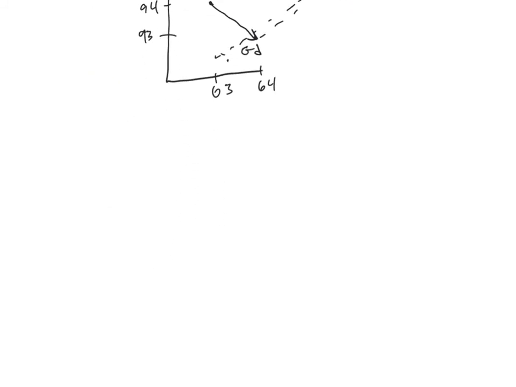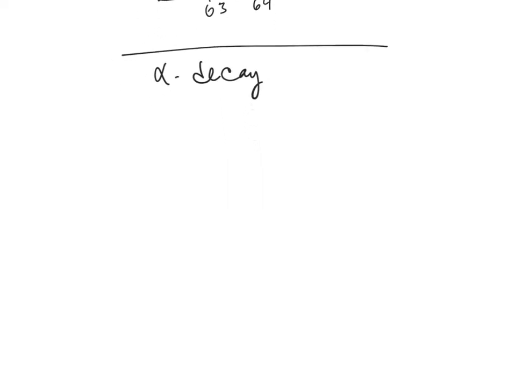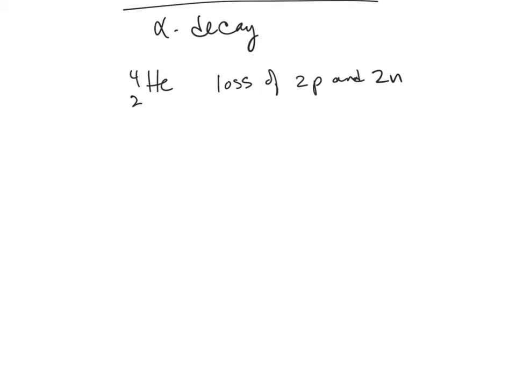Now alpha decay, the last one, is different. And here it is, remember, a helium 2-4 being formed. So this is a loss of 2 protons and 2 neutrons. And any one you look at, it gets complicated.